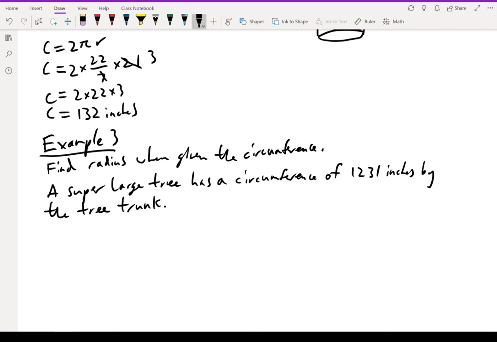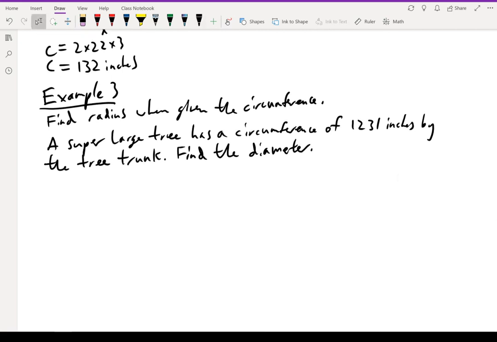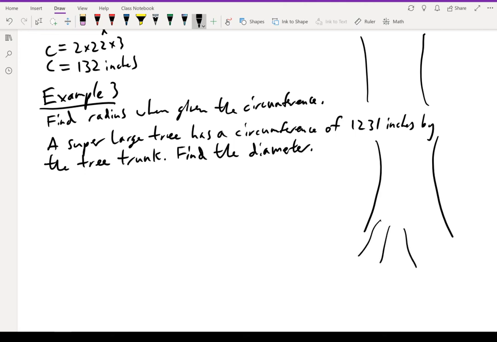And now we want to find the diameter. This tree is pretty big. Maybe it's one of those large trees in the United States, in those big national parks.